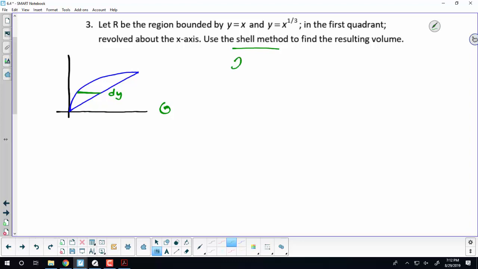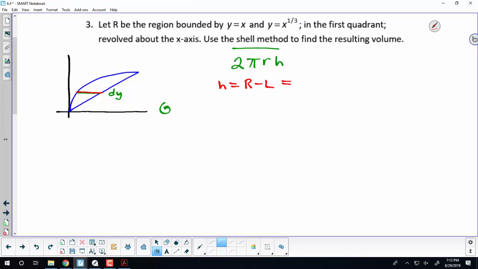So that's, again, 2 pi times r times h. So what's the height of my shell? Height is the right function minus the left.